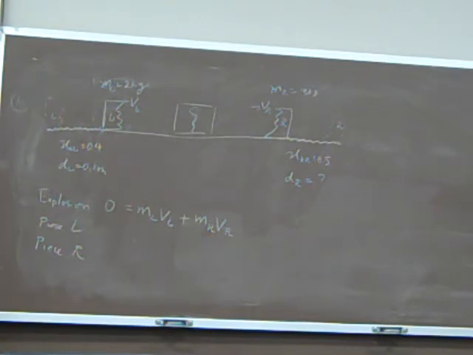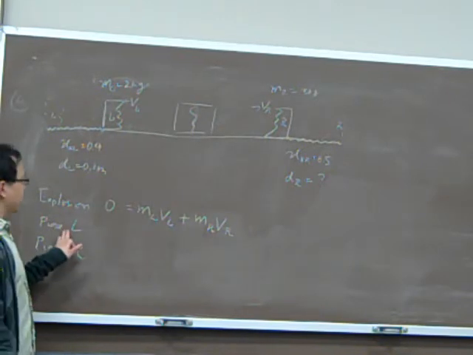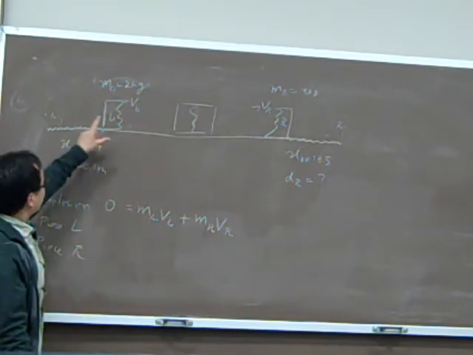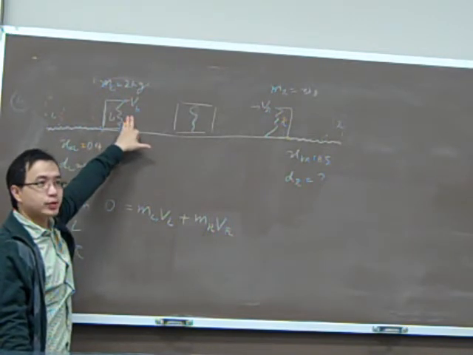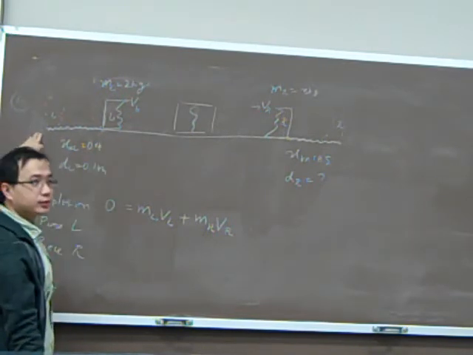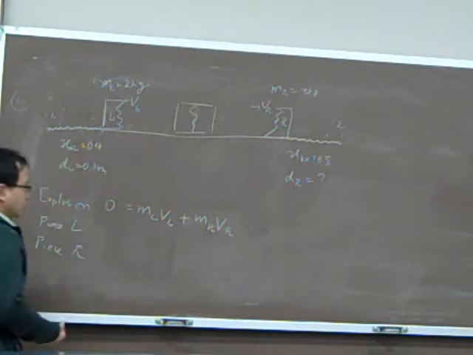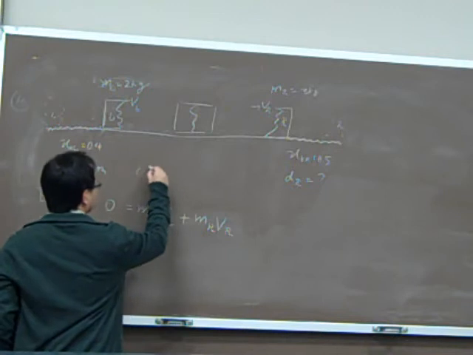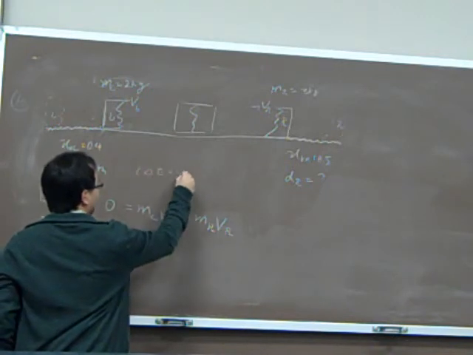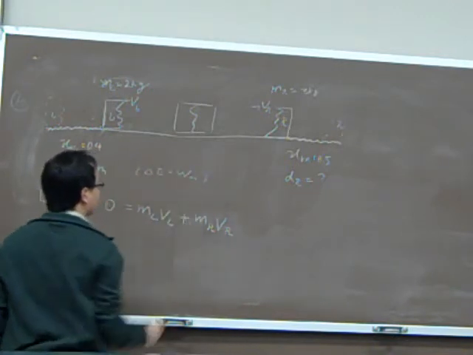Now, piece L moves with some velocity VL after the explosion, and finally it stops here. So we use delta E equals WNC.